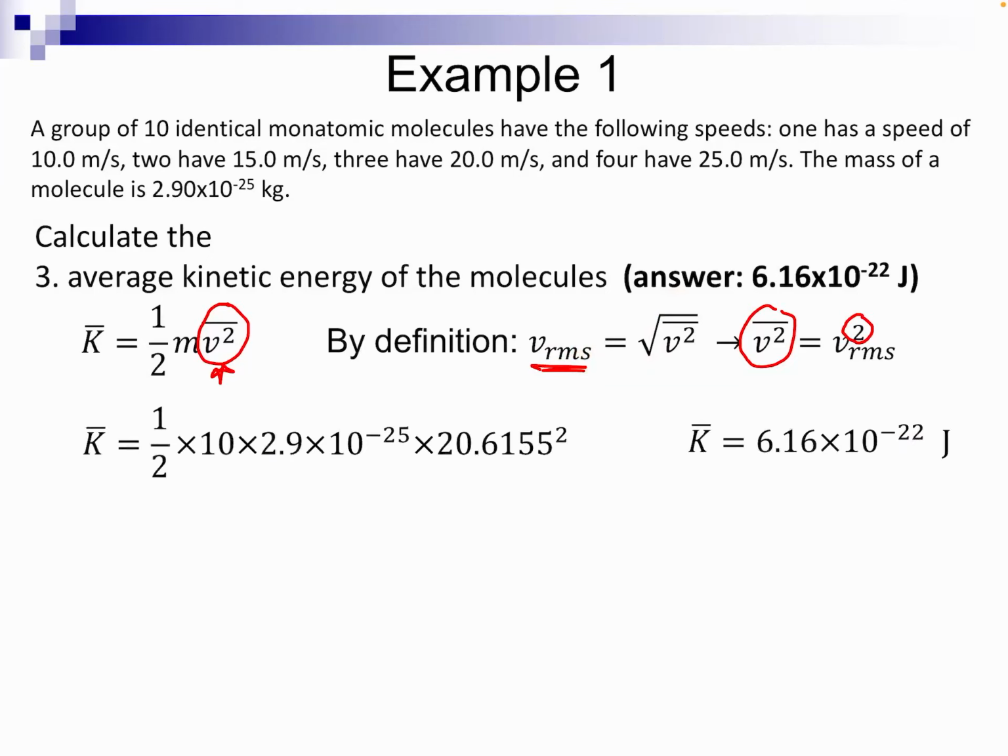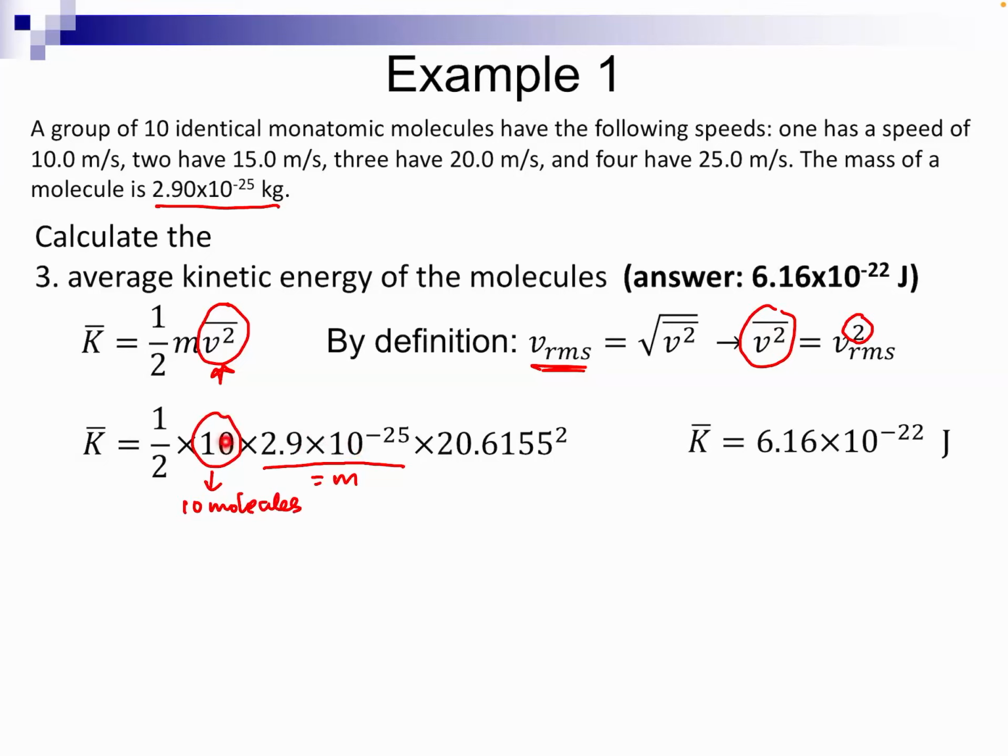So average kinetic energy is 1/2 times the mass. The mass is given as 2.9 times 10 to the -5, but there are 10 molecules. Each molecule has a mass of 2.9 times 10 to the -5.